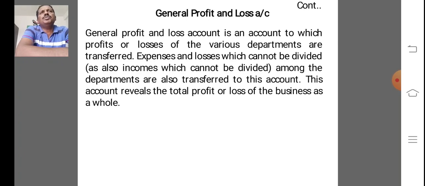Common incomes which are not apportionable among the departments include dividend received, transfer fee, interest on bank deposit, etc. Common expenses which are not apportionable include interest on capital, interest on debenture, general manager salary, audit fees, director fees, bank charges, legal charges, sundry office expenses, etc.